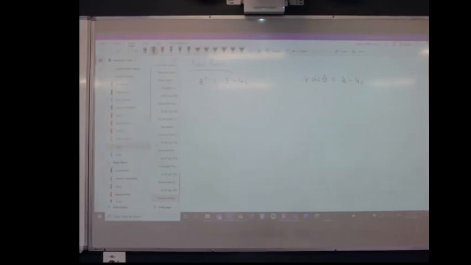This is good practice as well, because you need to be able to do this under exam. You want to get these easy marks, expressing a complex number in polar form. It's the same way as you do it for a vector.